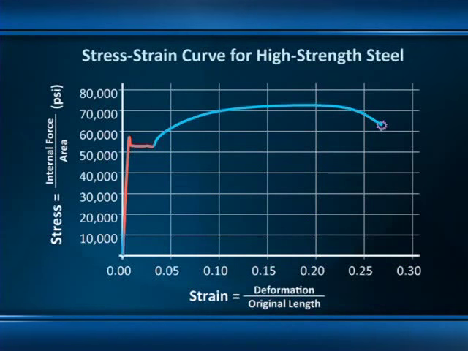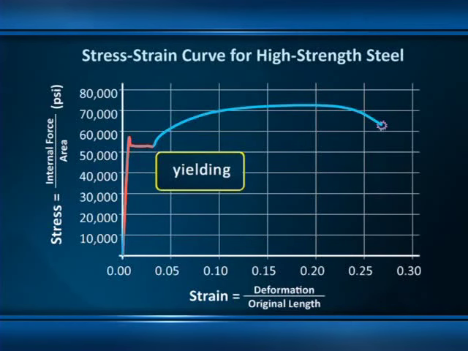The material is actually stretching like taffy. This behavior is called yielding, and it means that the metal is beginning to fail. Its crystal structure is actually starting to break down. The key characteristic of yielding is that it involves permanent deformations. Now, if the load's removed, the specimen won't return to its original length.